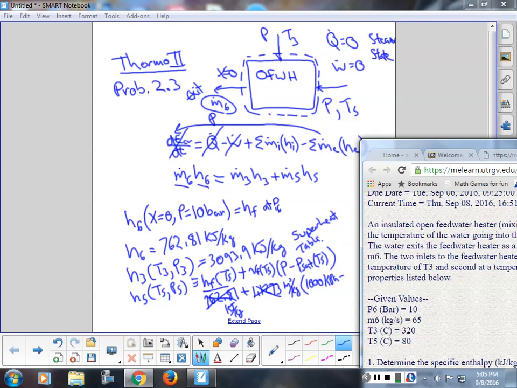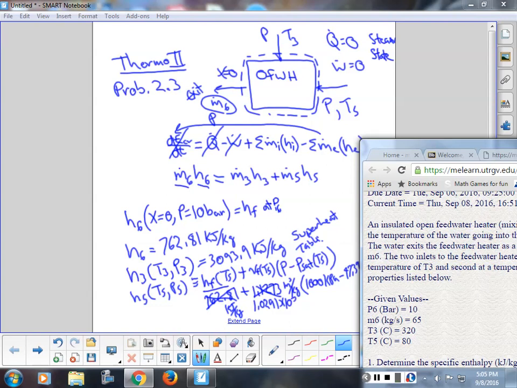So at 80 degrees, which is a common mistake that students make, the saturation pressure then is 0.4739 bar, so 47.39. Okay, and then at 80 degrees, it's 1.0291 times 10 to the minus 3 cubic meters per kilogram.